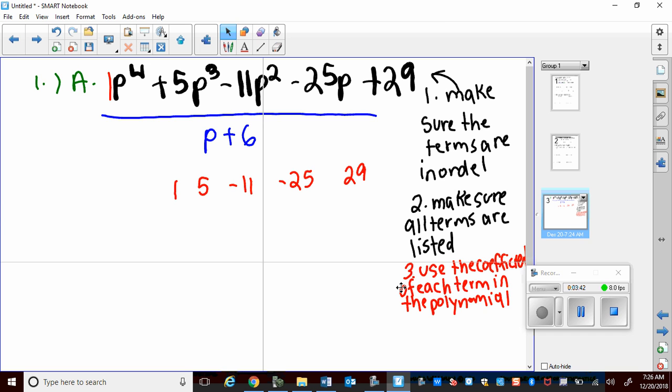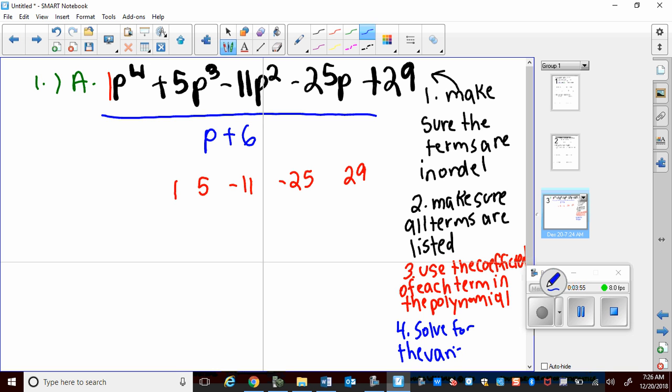Now, for the binomial that you're dividing by, solve for the variable. So for p plus 6 equals 0, minus 6 on both sides, and p equals negative 6.